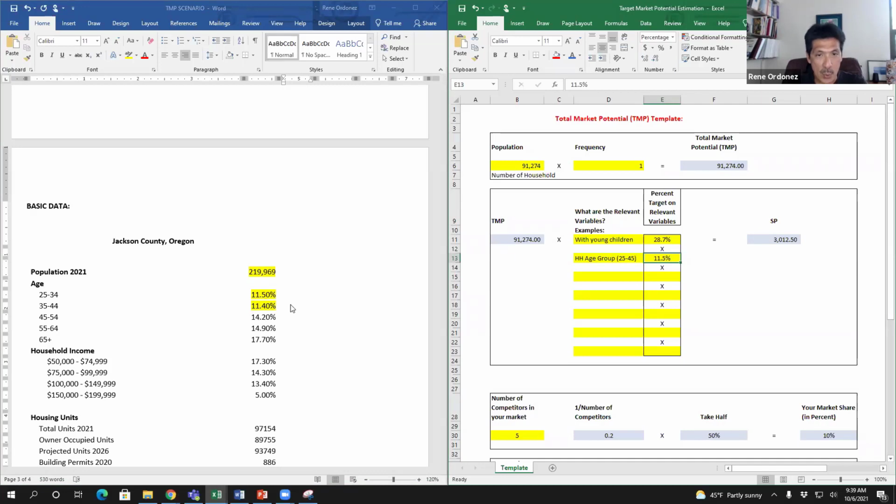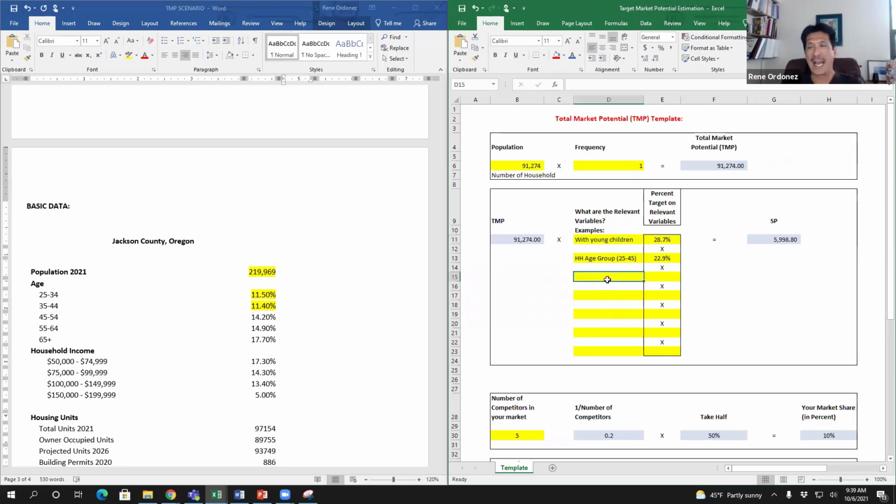So that would be 22.9. Now, what you have to remember here is that every time you add a new criterion, the size of the percentage will decrease, because what this is saying is that you have 23% of 28%. If you multiply these two numbers, the percentage will shrink even further.